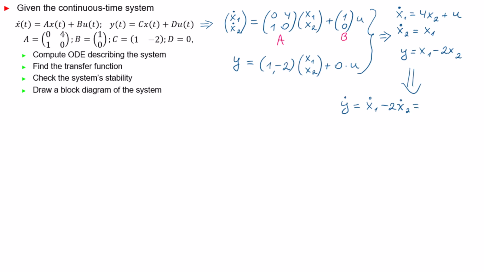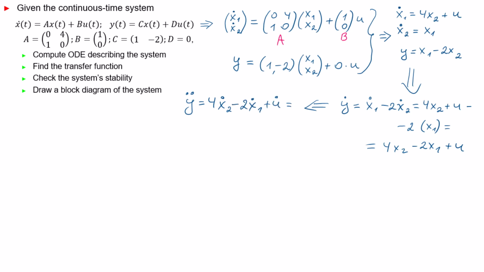Now we substitute state equations for x1 dot and x2 dot and get y dot equals 4 times x2 plus u minus twice x1. Now let's take one more derivative on both sides of that equation. We get y double dot is equal to 4 times x2 dot plus u dot minus twice x1 dot.